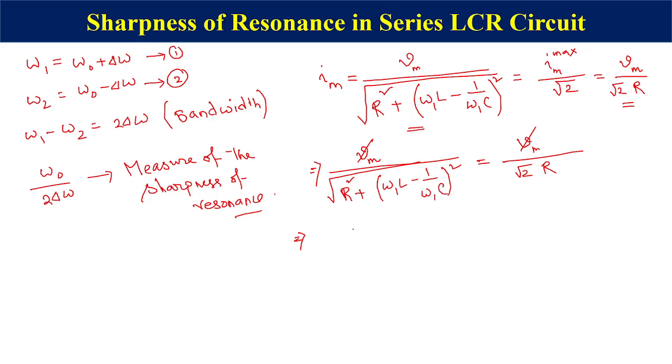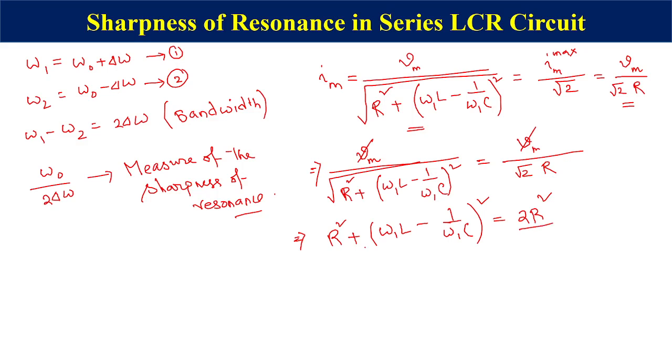Let us write it directly, means reverse it and take a square. In that case you are going to get R square plus (omega 1 L minus 1 upon omega 1 C) whole square, that you are going to get to be twice R square. Okay, what I have done, I have inverted it and taken a square on both the sides.